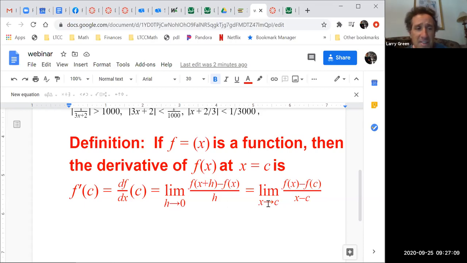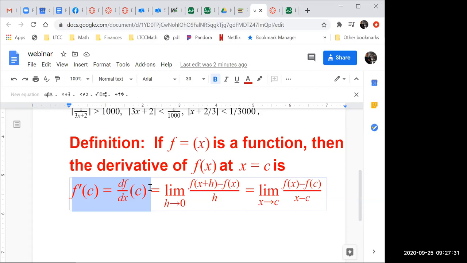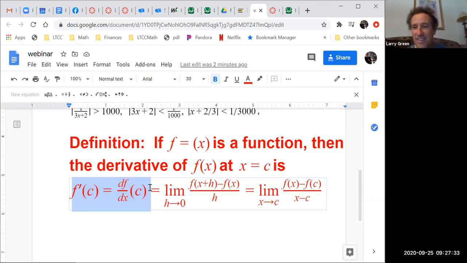Now I want to mention the reason why there are 2 different ways of writing the derivative. My guess is if I asked you to guess, you wouldn't guess. It's history. It really is history. So the history of calculus. Who discovered calculus? Anyone know? Isaac Newton. Okay, any other ideas?